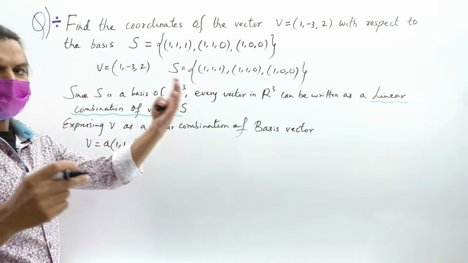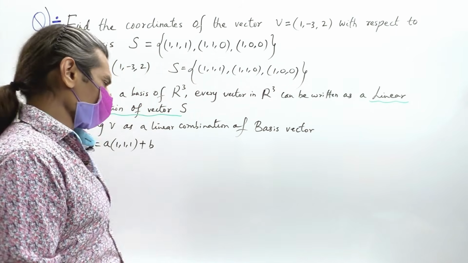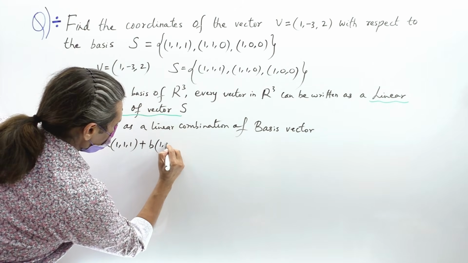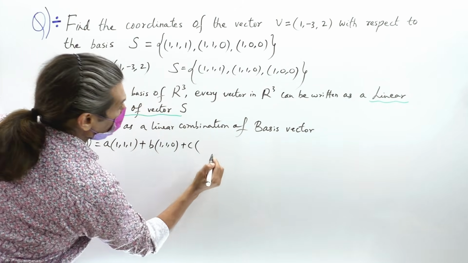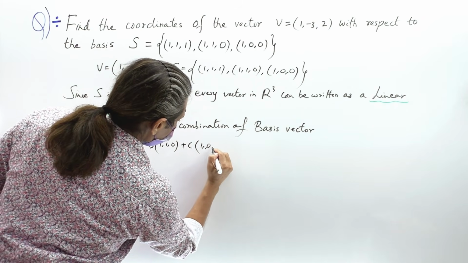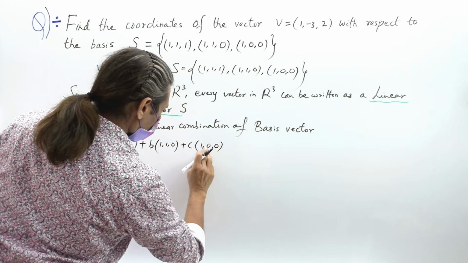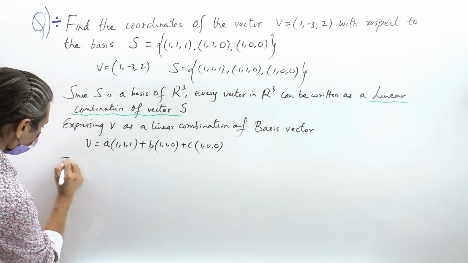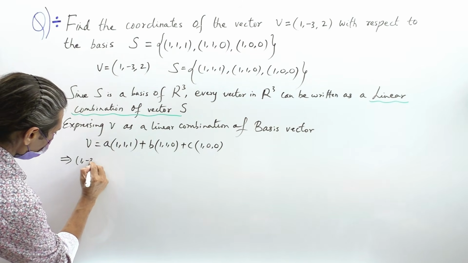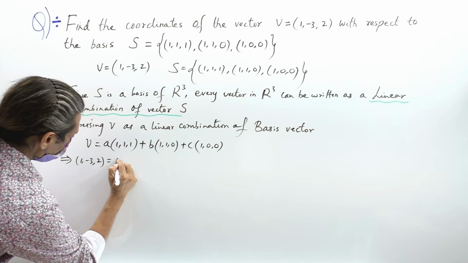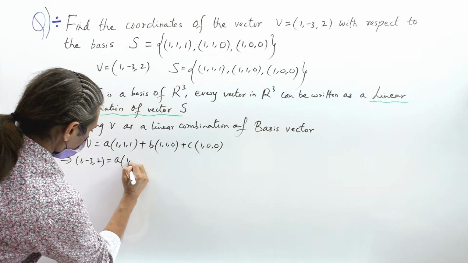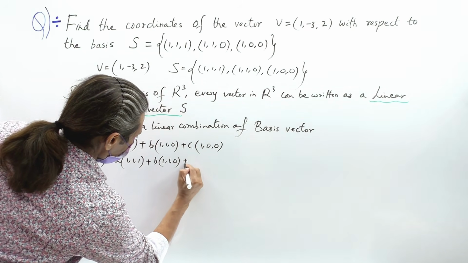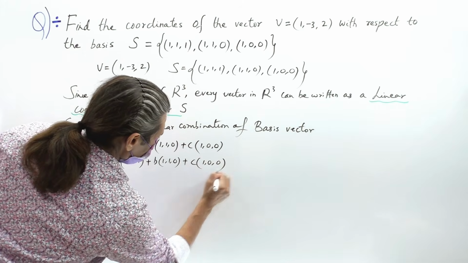You can take a, b, c, or alpha, beta, gamma, or a1, a2, a3, according to your wish. Now v is (1, -3, 2), so (1, -3, 2) = a(1,1,1) + b(1,1,0) + c(1,0,0).